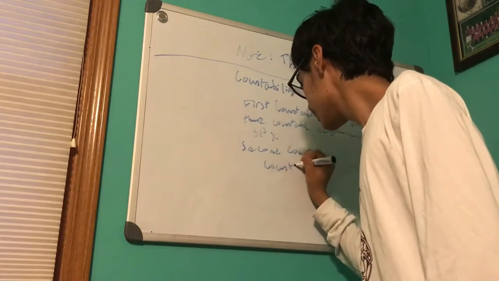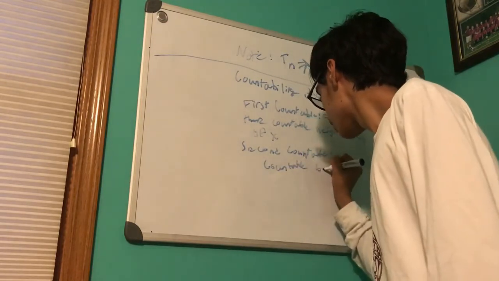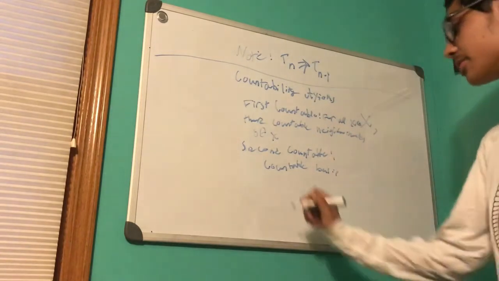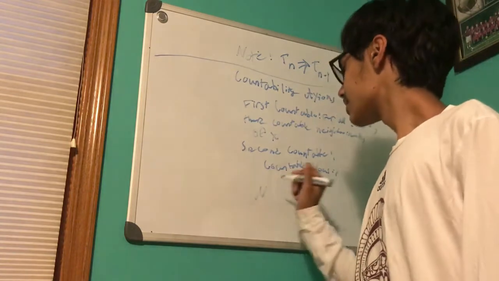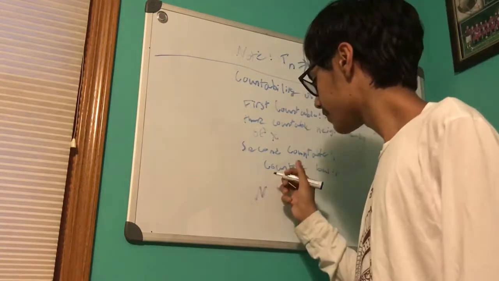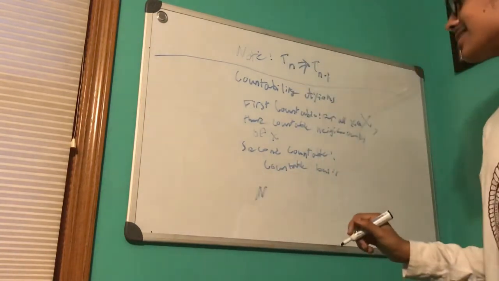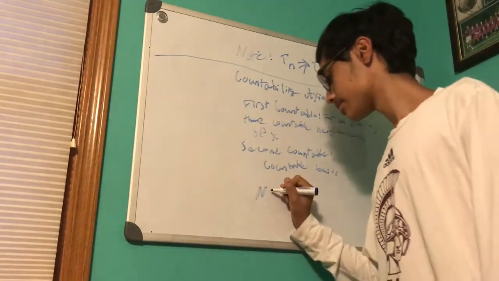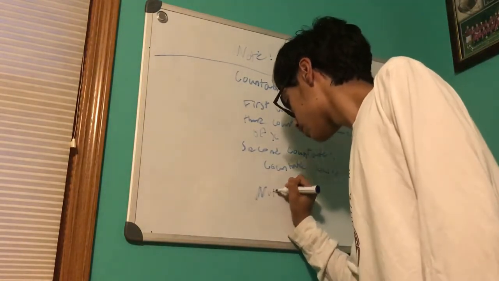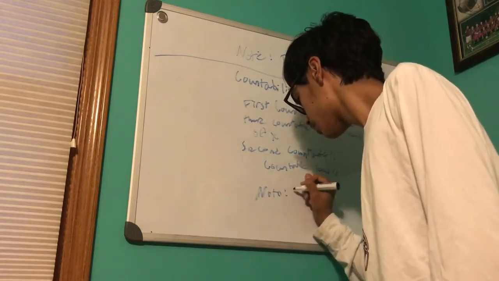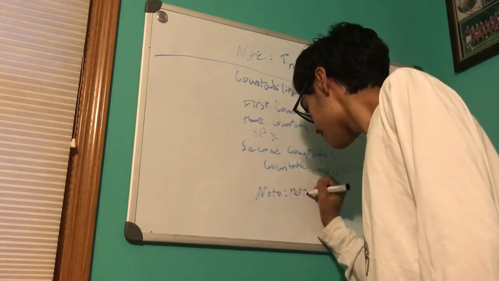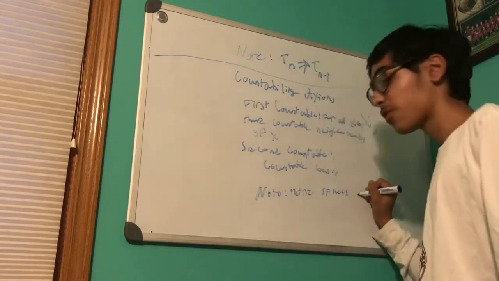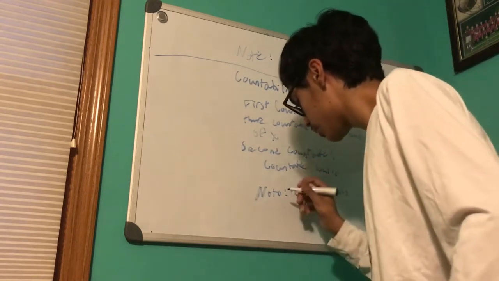Something you can note here, if you look at this, is that metric spaces actually satisfy this. They're both first and second countable.